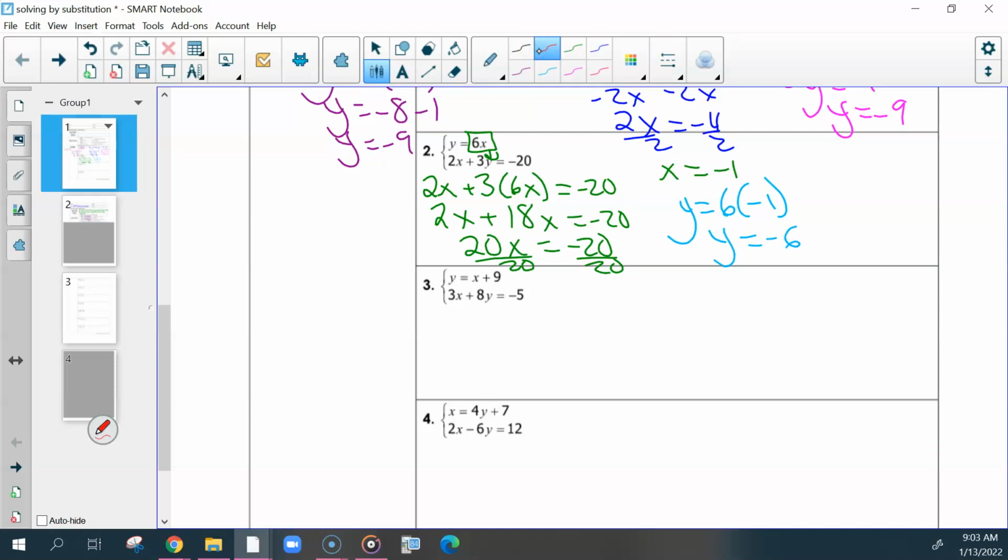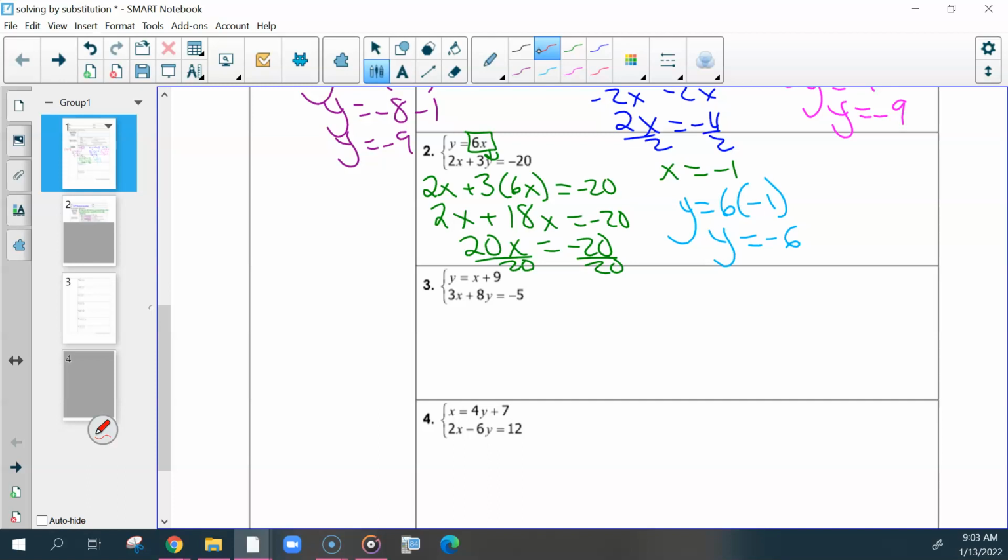Yes. Say that again. How do you get negative 1? This side was negative, but this side was positive. Say that one more time.